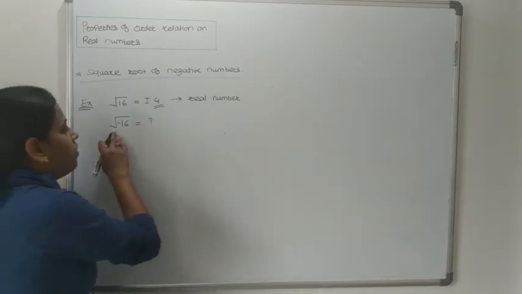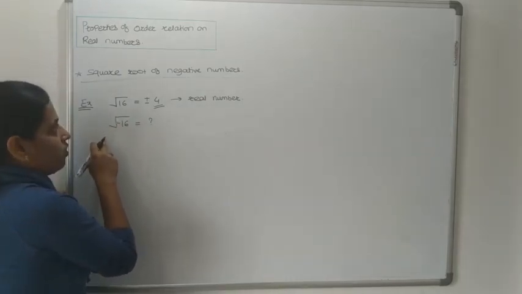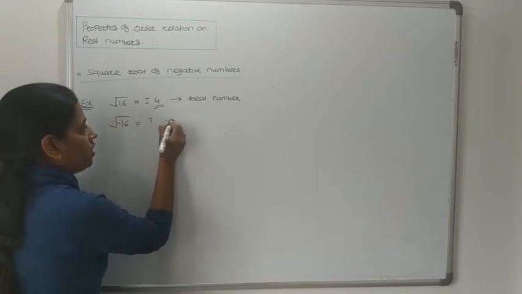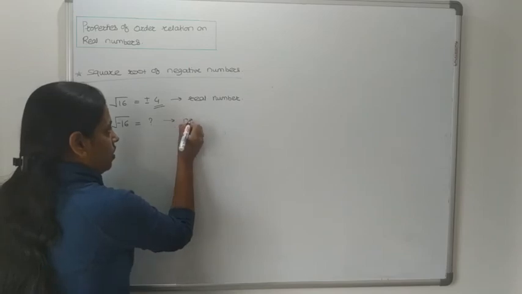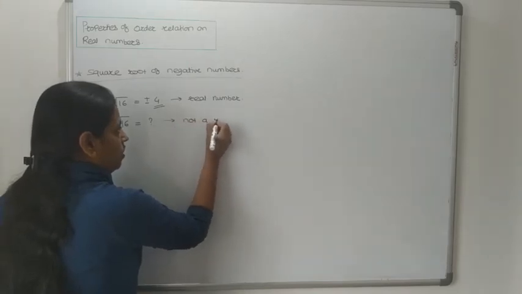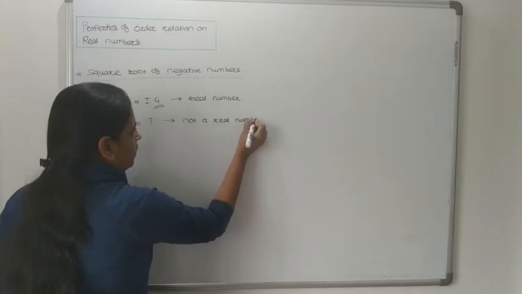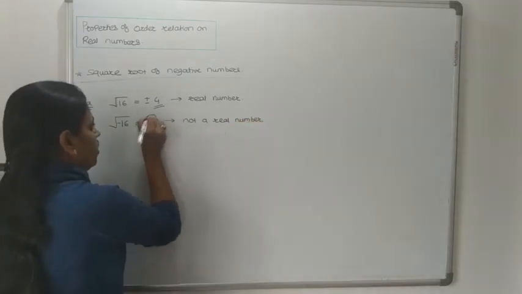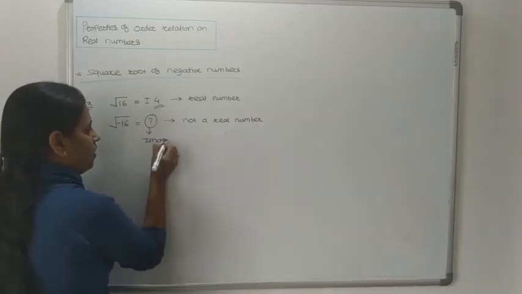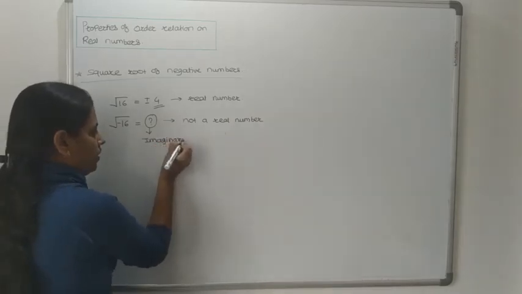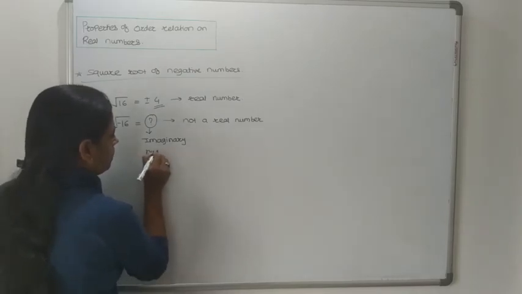But when we take the square root of negative numbers, the resultant value is not a real number. It is not a real number, which means it is an imaginary number.